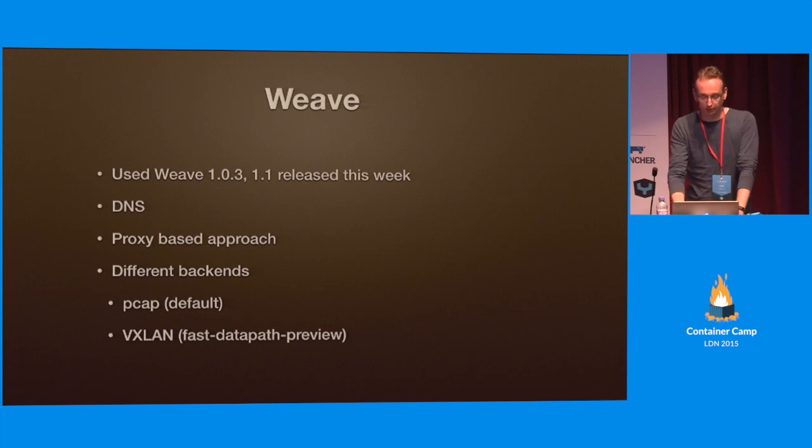The current release has a pcap-based implementation, but they're working on a VXLAN-based implementation. It's available in preview mode, and I heard here that they are trying to release the VXLAN-based solution as soon as possible, which is a good thing, as I will show you later on.